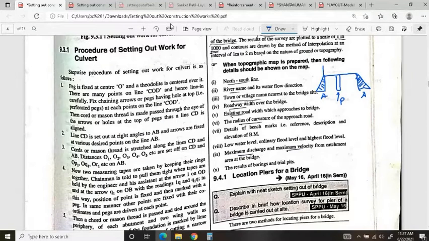So this is my road. Here there may be a flow of water. So we have to determine the maximum flood level and minimum flood level or low water level.